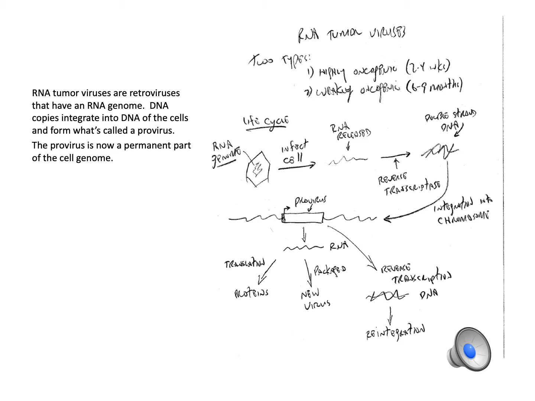So it cuts the double-stranded DNA of the genome and it introduces this double-stranded DNA from the virus. Once it's integrated, it's referred to as a provirus, and it becomes a stable part of the genome. A new set of genes have now been introduced into the DNA.